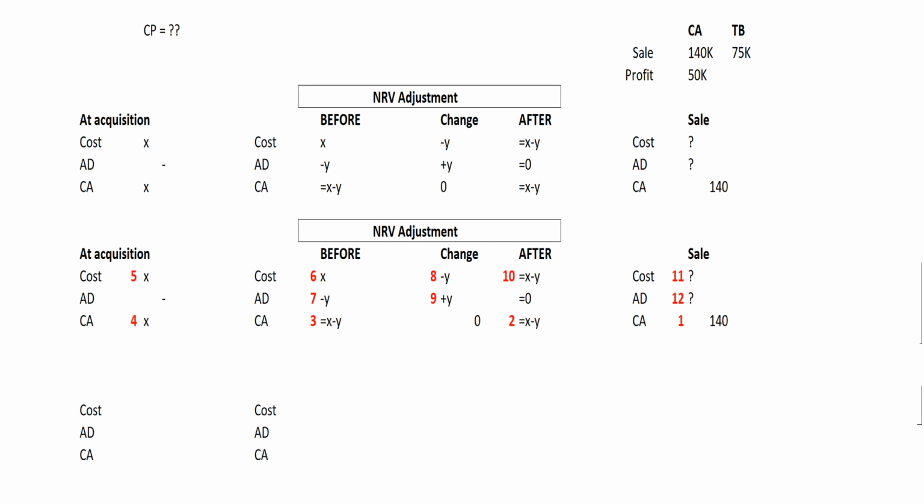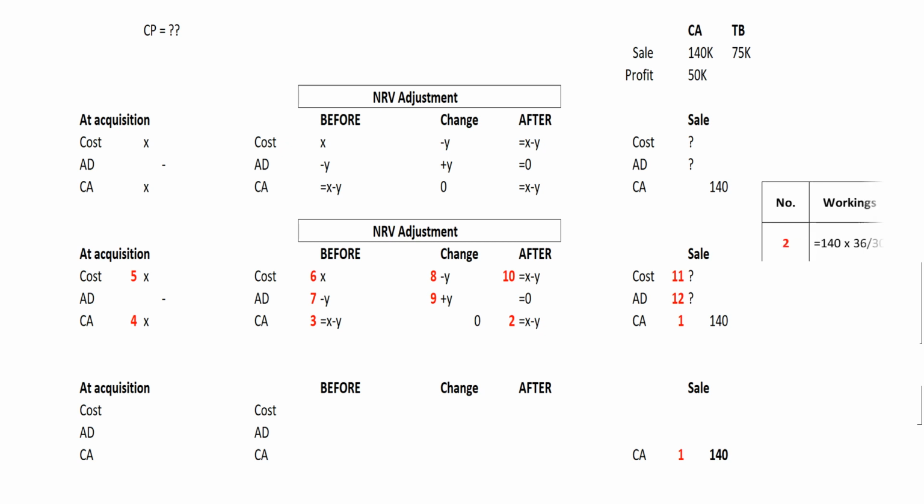Before we move into this calculation, it's very important that you understand what the remaining useful life is at different points of the timeline. So first and foremost, 140 is step number 1, what we've been given.